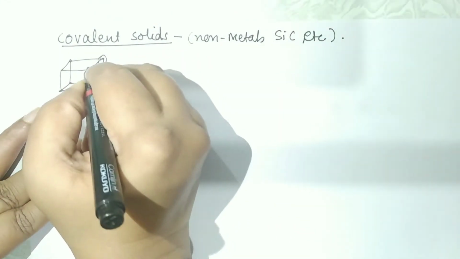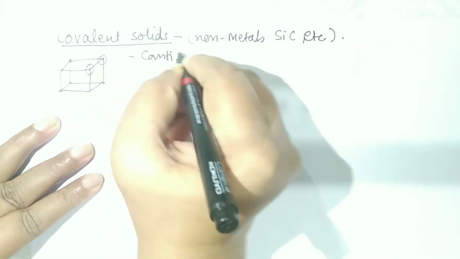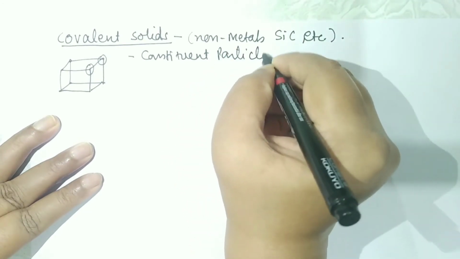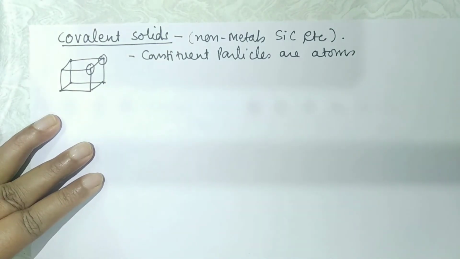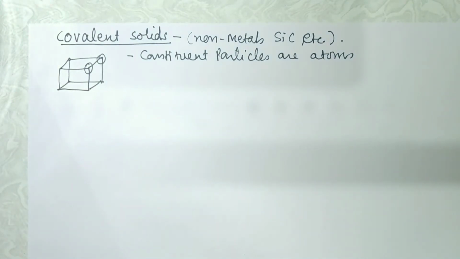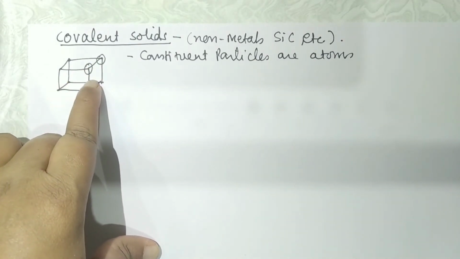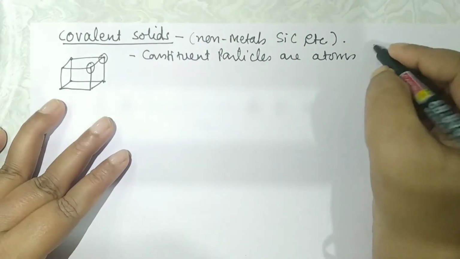So the lattice points are occupied by atoms. So the constituent particles are atoms of non-metals. The adjacent atoms are bonded to each other by covalent bonds.